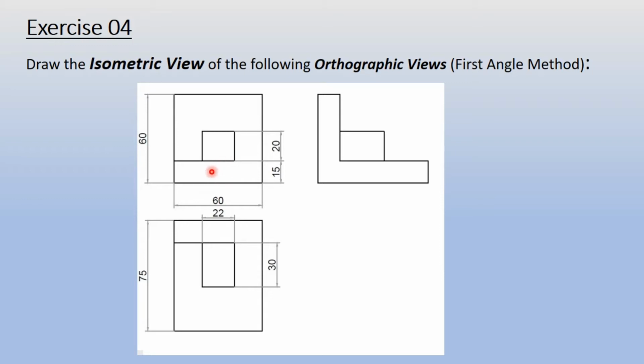Why? Because this rectangle, as you can observe here, its projection lines are here, but the square box is ending here itself. This means that this box will be behind this rectangle.